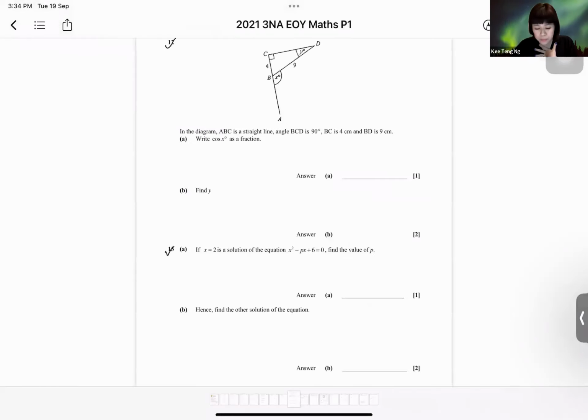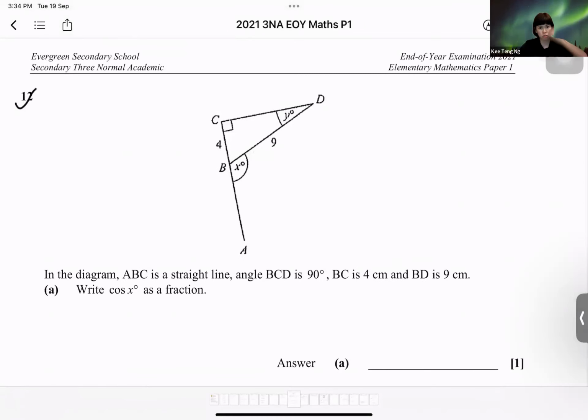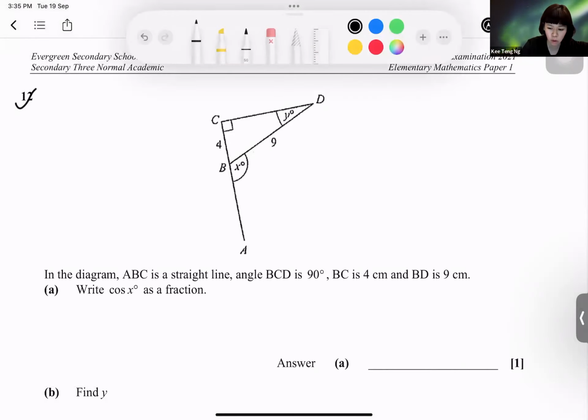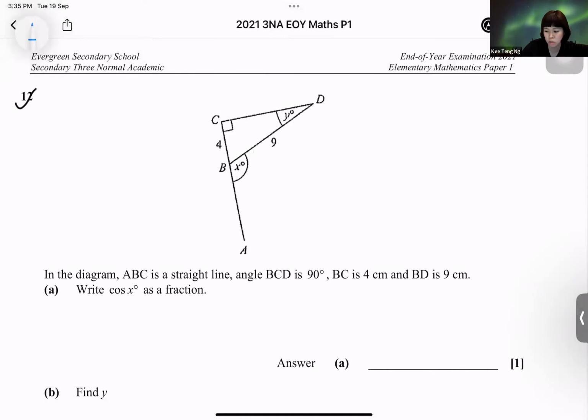Next question. Now this one, trigonometry, basic SOH CAH TOA, right? Let me do a quick recall. For here, we need to know our basic few: SOH, CAH, TOA. Tangent, opposite over adjacent. Then cosine CAH, sine SOH. This one you must remember.